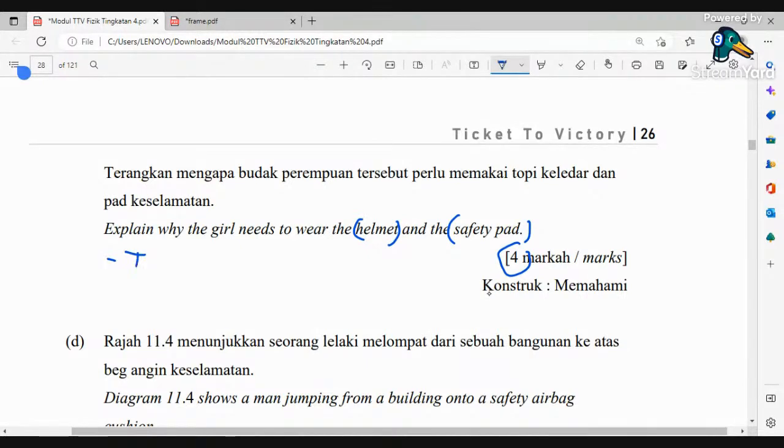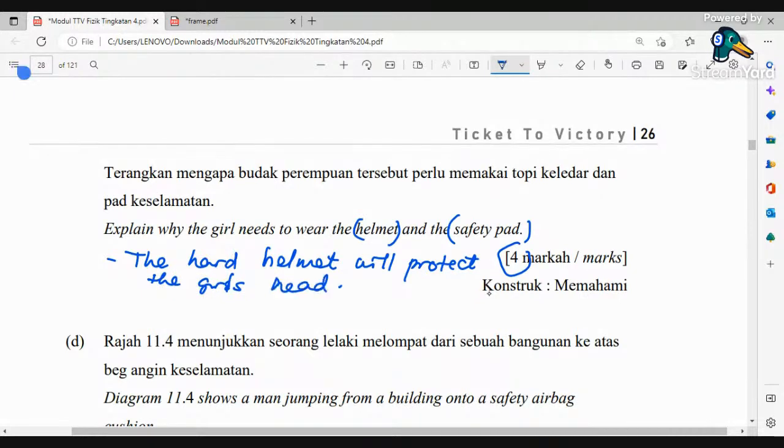The hard helmet will protect head, kepala dia.